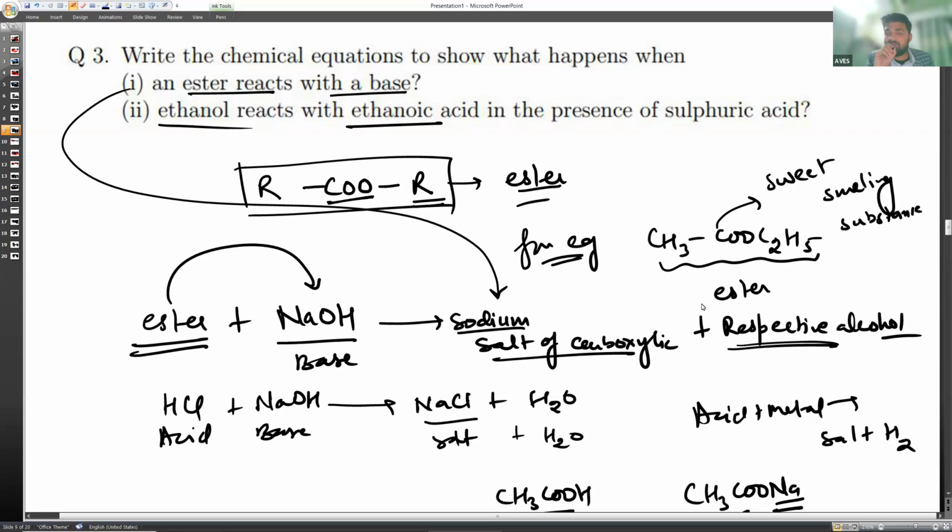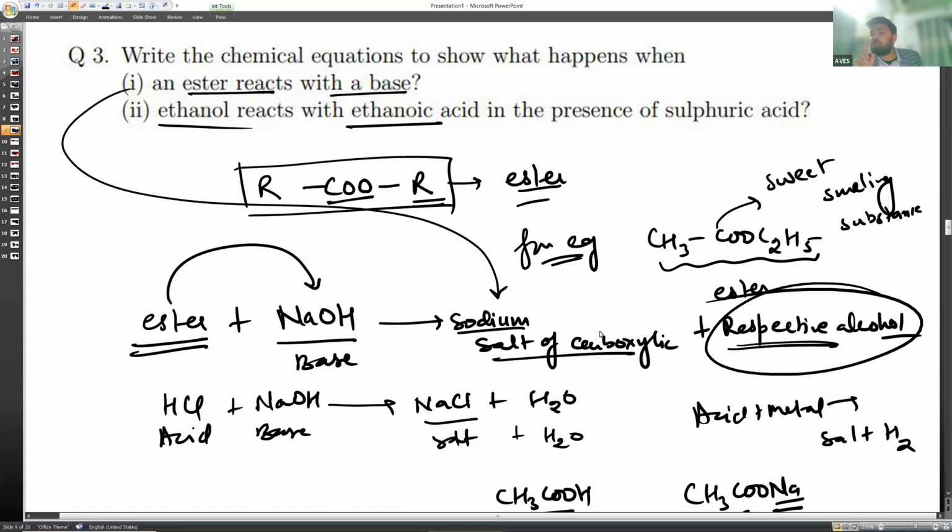But first, if I give you an example, for instance, what happens when ethyl ethanoate reacts with NaOH, then you have to write the name of the salt that is going to form and the respective alcohol that is going to form. What do you mean by the word respective alcohol here?